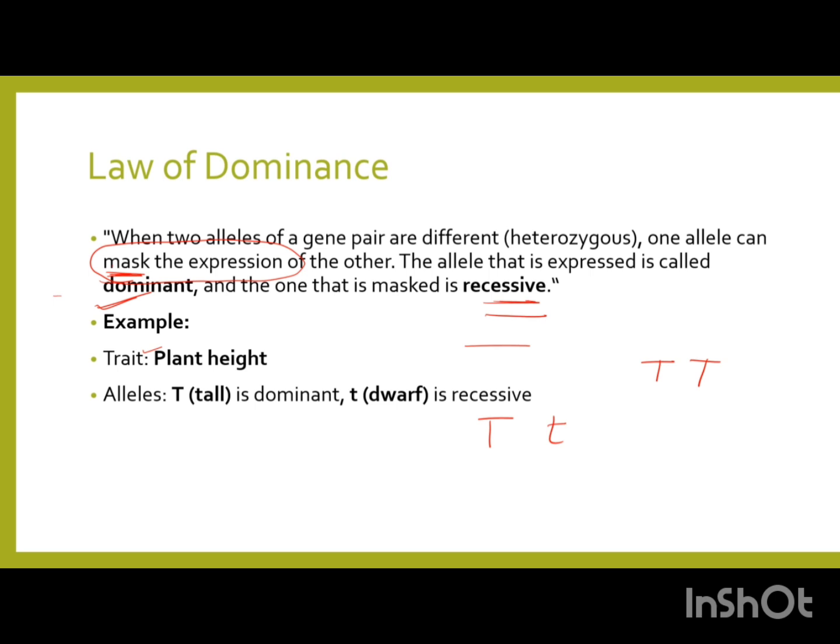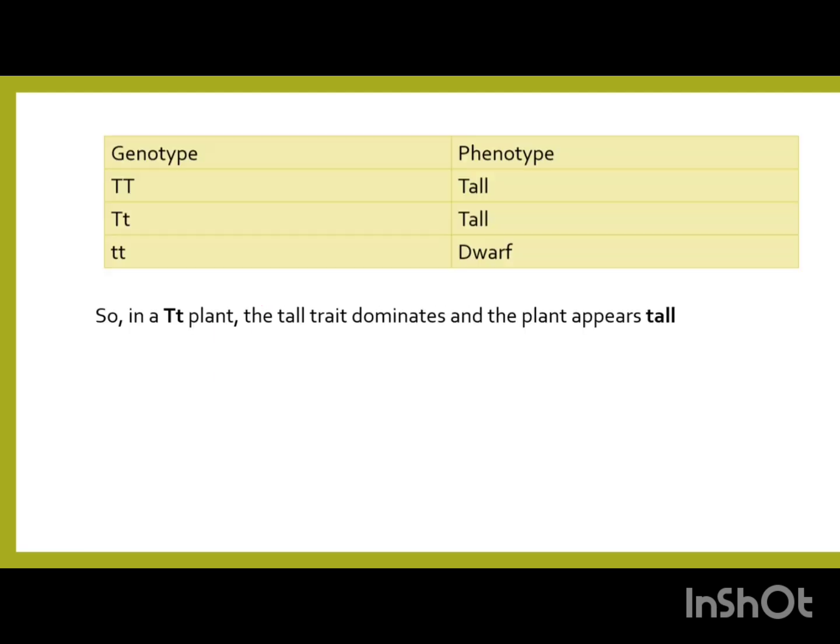Example, the trait is plant height. The alleles are tall, capital T for dominant, and small t for the dwarf or the recessive trait. Now, this is the genotype. Wherever there is capital T with capital T, both are equivalent and capital T denotes the tall height of the plant, so the phenotype will be tall.